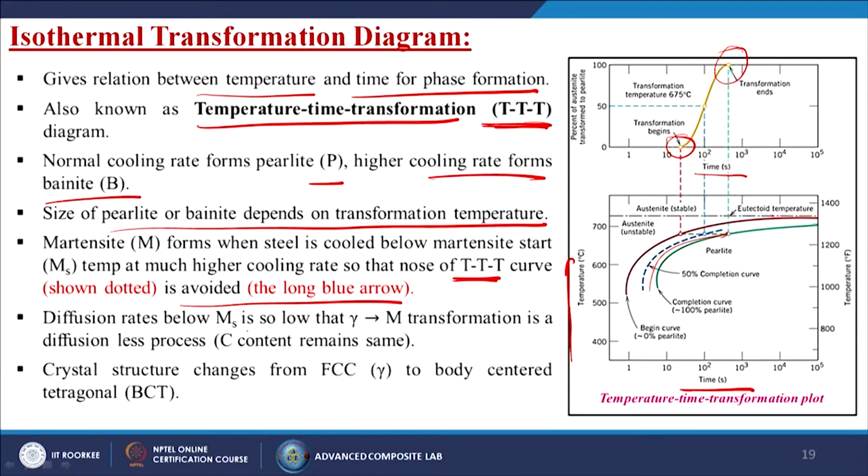Diffusion rate below Ms is so low that gamma tends to M transformation is a diffusionless process. C content remains the same, meaning carbon content is not going to change. Crystal structure changes from FCC gamma to body centered tetragonal, or BCT, structure.